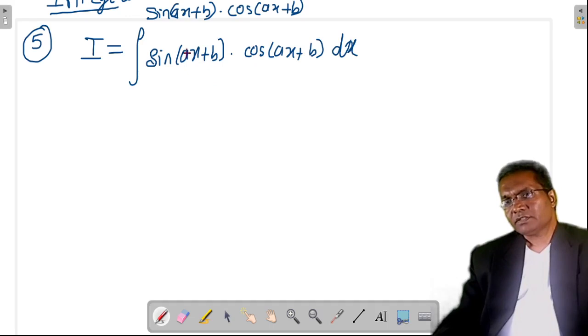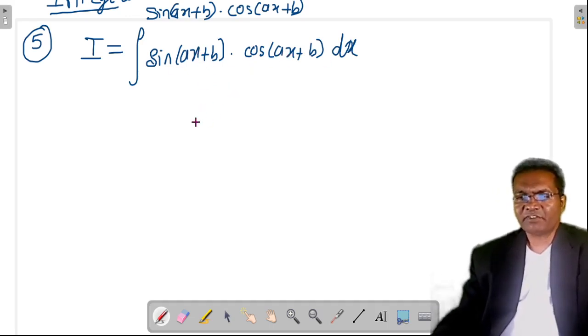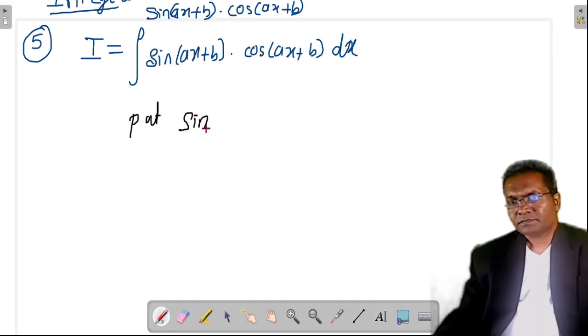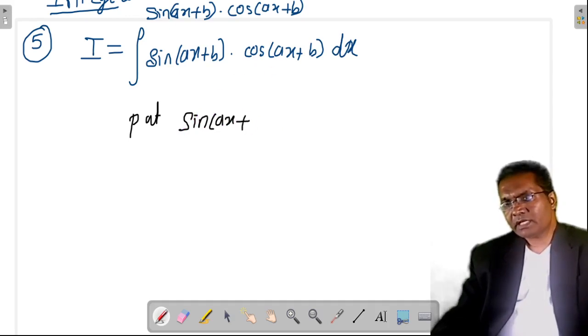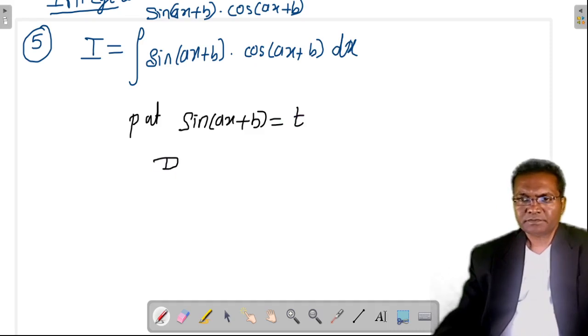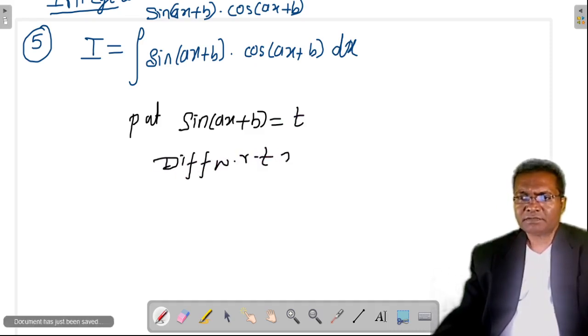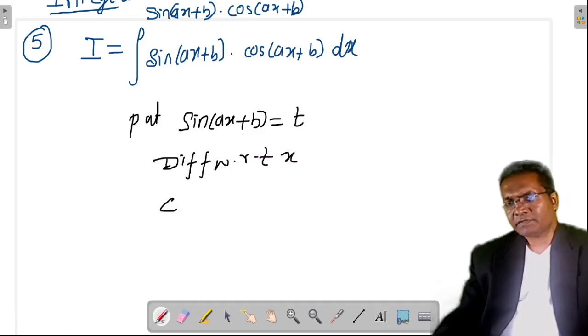Now see here, derivative of sine is cos here only. Inside we have the same function, so put either one. Put sine of ax plus b equal to t. Differentiate with respect to x: derivative of sine is cos of ax plus b.